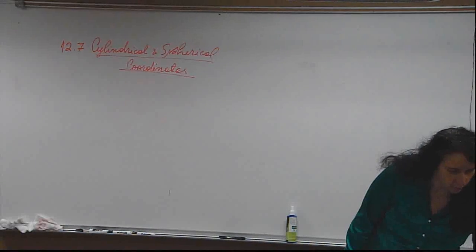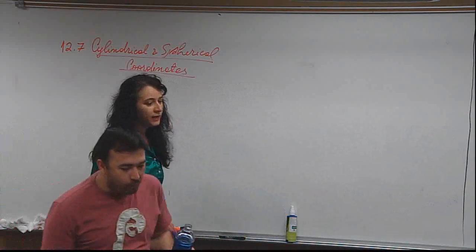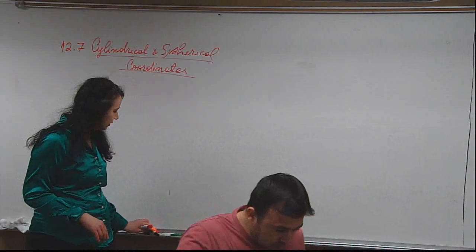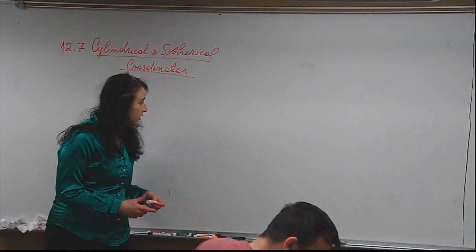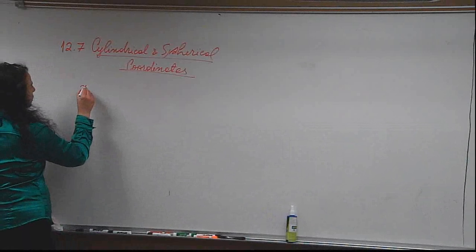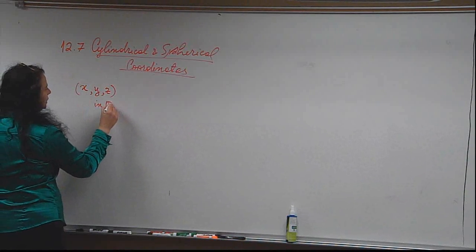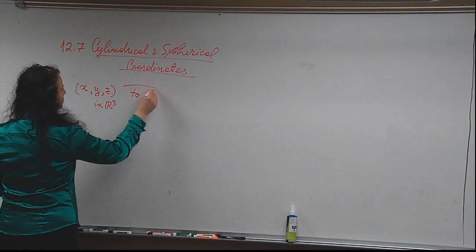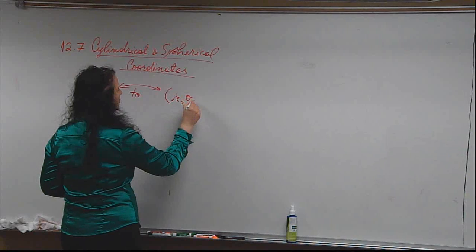Now, if you remember, polar coordinates are cylindrical coordinates, so they are the easier guys to learn. Practically, I'm talking about switching from x, y, z in R3 back and forth to r, theta, and z.